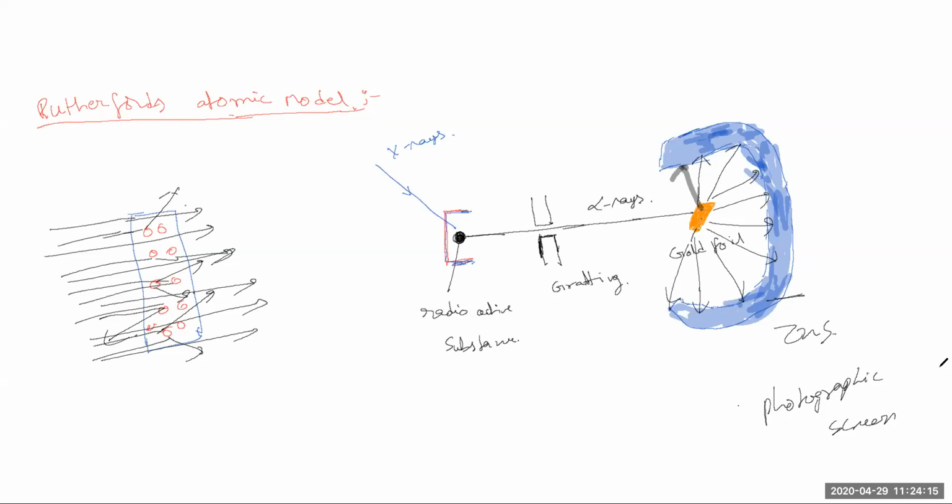The size of the nucleus was also determined. The nucleus size is 10 power minus 15 meters, and the radius of the atom is 10 power minus 10 meters.